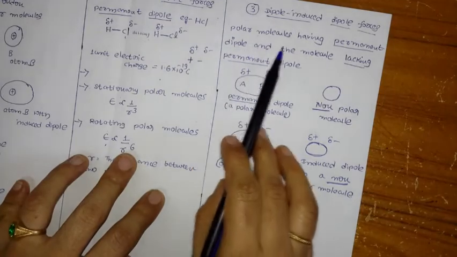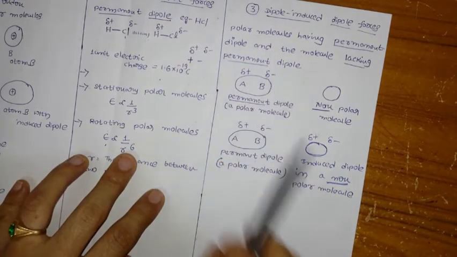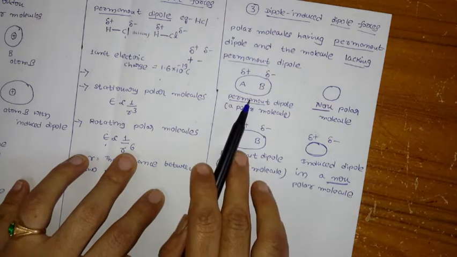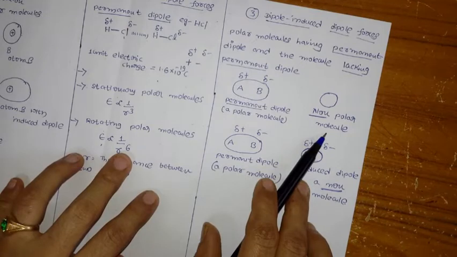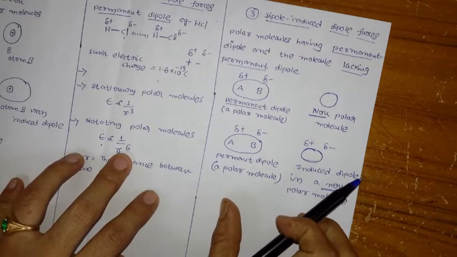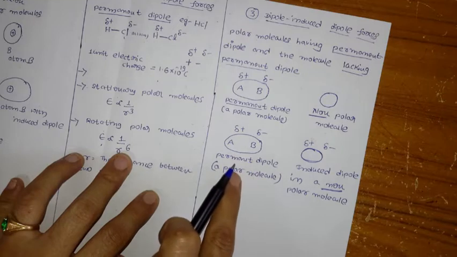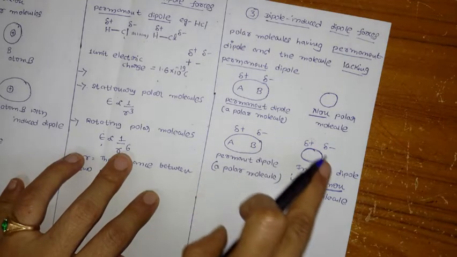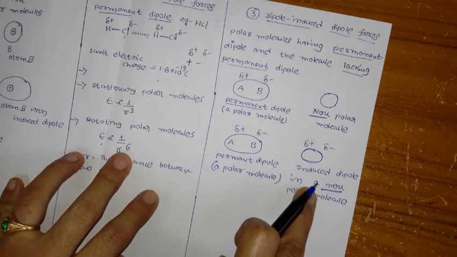So we have a polar molecule having a permanent dipole and a molecule lacking the permanent dipole. When they come close to each other, the molecule having the permanent dipole induces a dipole moment in the non-polar molecule.